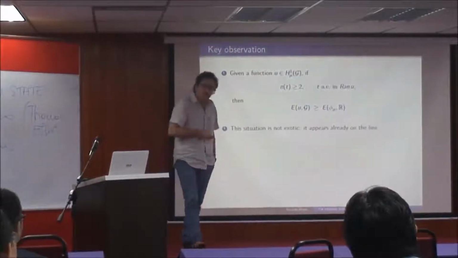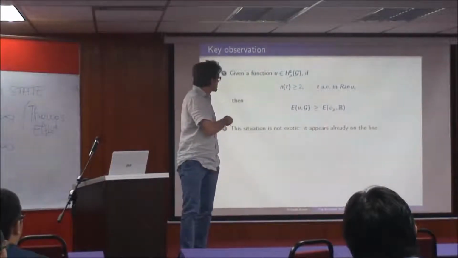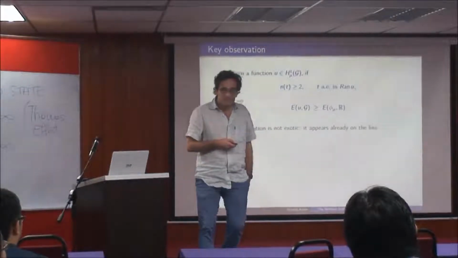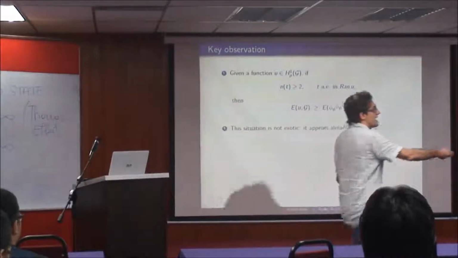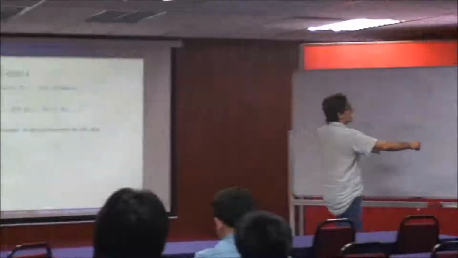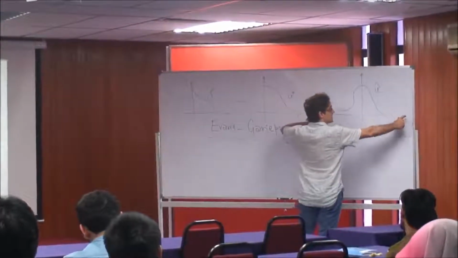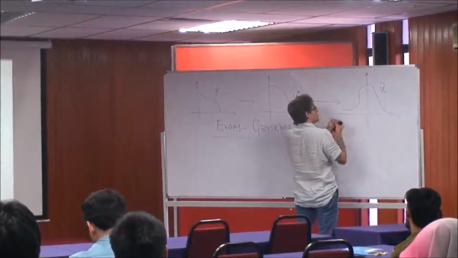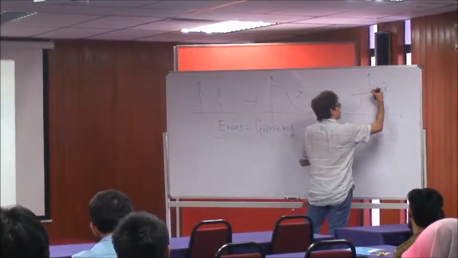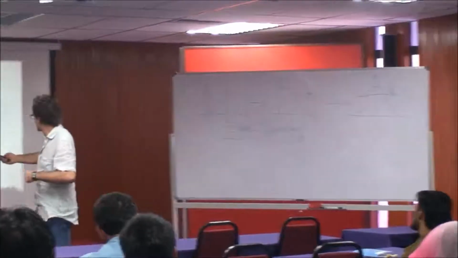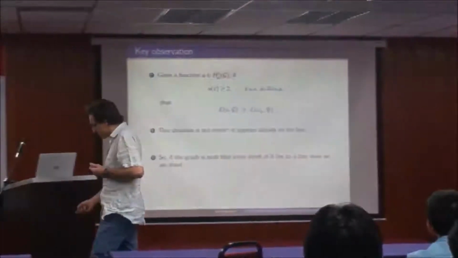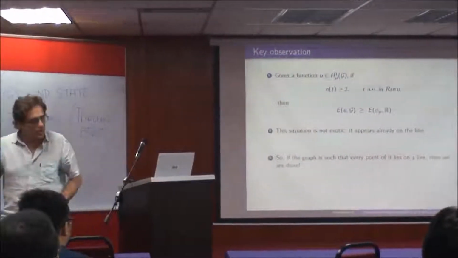This situation, as I told you yesterday, is not exotic. Okay? It's not strange. Already on the line, it happens like that. Any H1 function on the line has to go to 0 at minus infinity and at plus infinity, so every value in the range is attained at least 2 times. So this is the situation on the line. So the idea is the following.